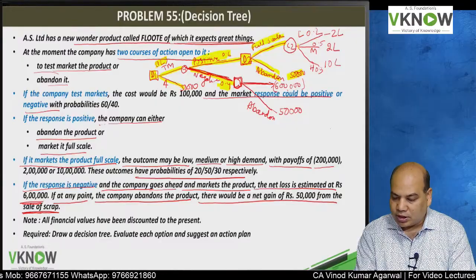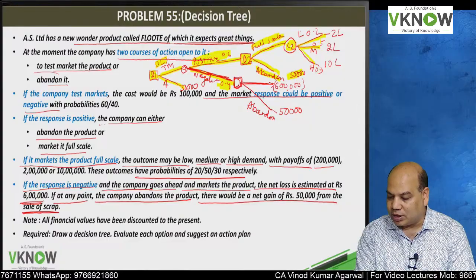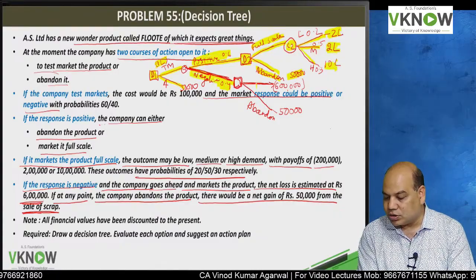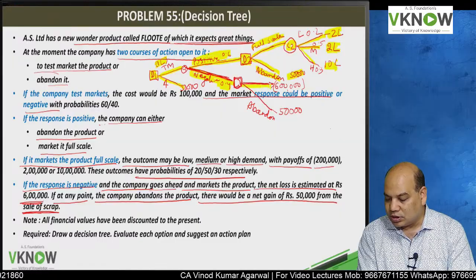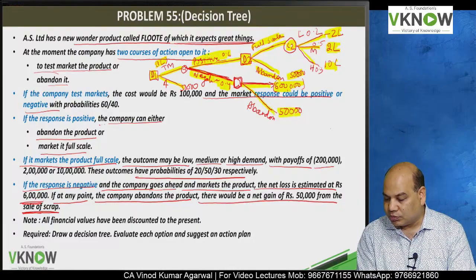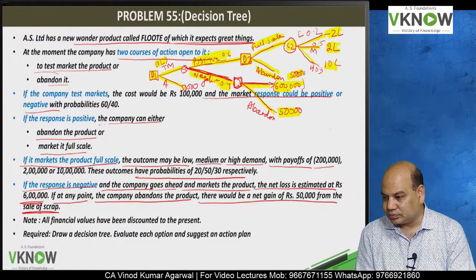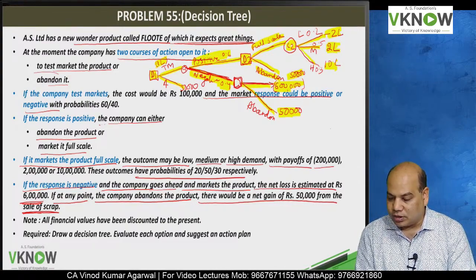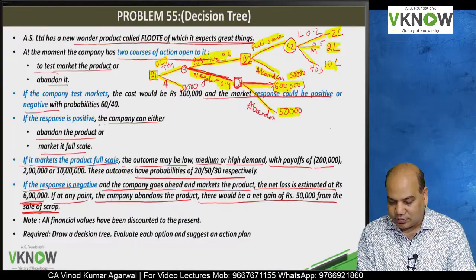If you do full scale marketing, there are three outcomes possible: low, medium, high demand, 0.2, 0.5, 0.3, and these are the payoffs: minus 2 lakh, 2 lakh and 10 lakh. If the response is negative, you can still go for selling the product, you will suffer 6 lakh loss, and if you abandon the product, you will get 50,000 rupees. So that is the decision tree, and you will have to move backward and arrive at the answer.